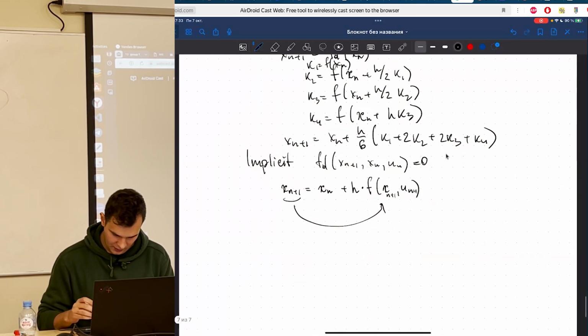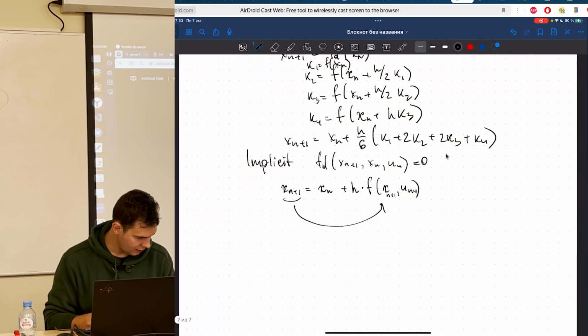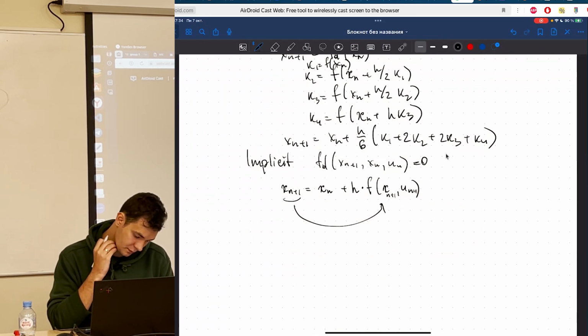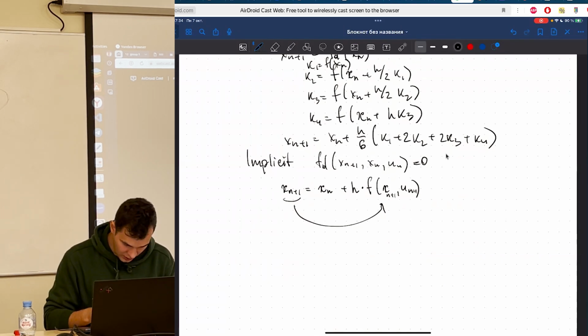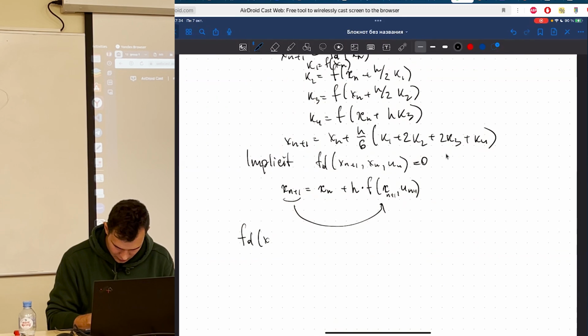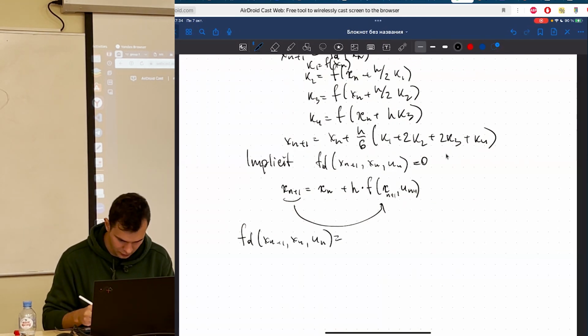And instead of that, what do we do here? We say that fd that depends on this stuff equals something that I have written.